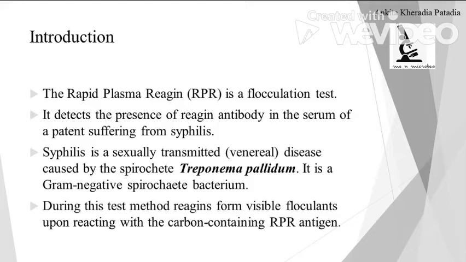The antibody from the blood serum of the patient will react with the RPR antigens. These antigens are soluble antigens, so they are coated on charcoal particles. So the black colored antigen is readily available in the market.